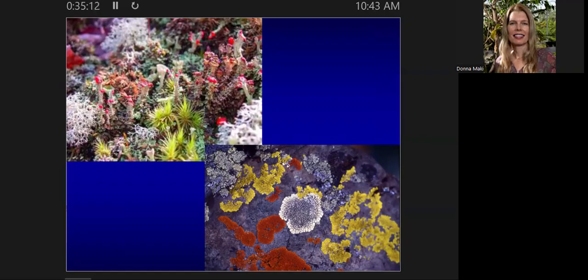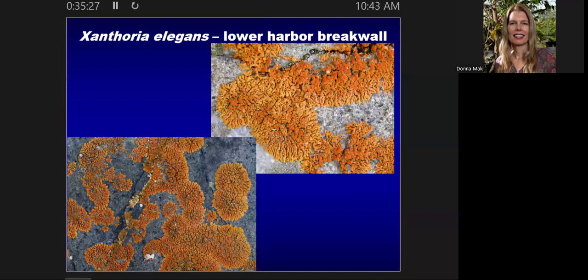You can find them on rooftops, gravestones, cliffs, tree trunks. They're all over the place, certainly on the ground too. But that extra pigmentation helps protect them from too much sunlight. So this is the one, Xanthoria elegans, the one found on the break wall. Beautiful orange.